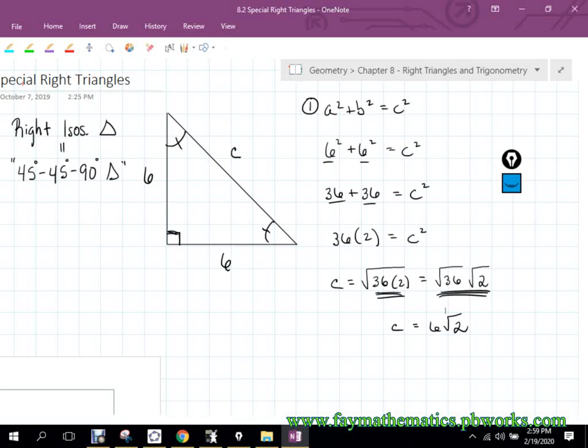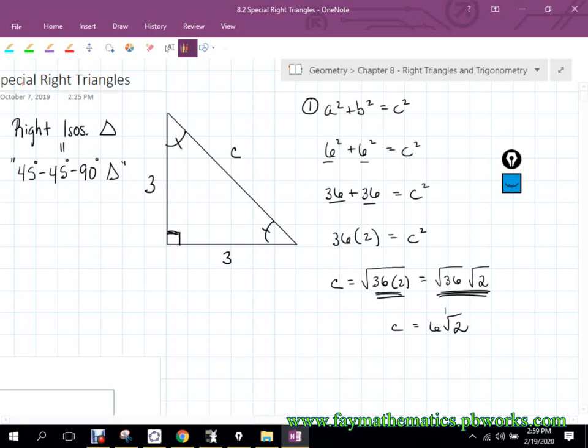Okay. Let me see if we can make a conclusion here real quick. What if I made that a different number? Give me a random number. 3. So I get 3 there, 3 there.